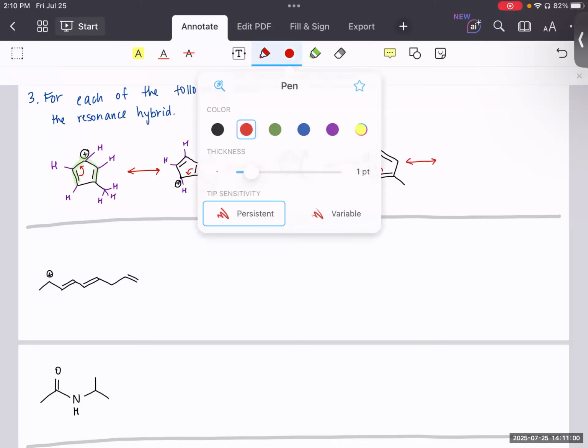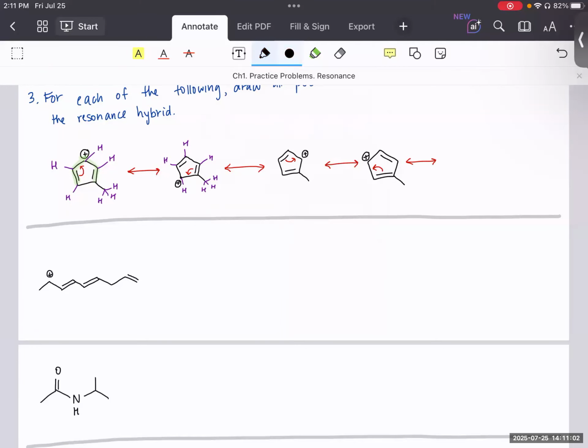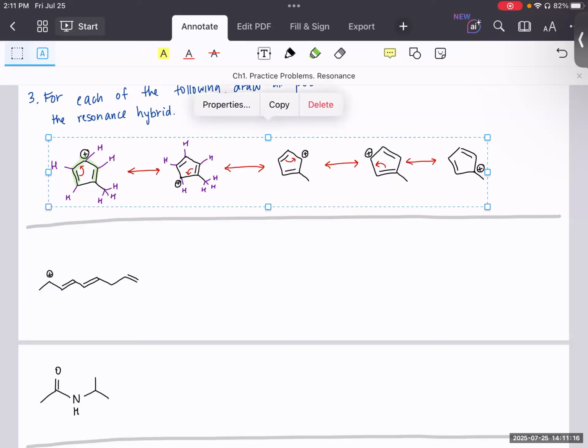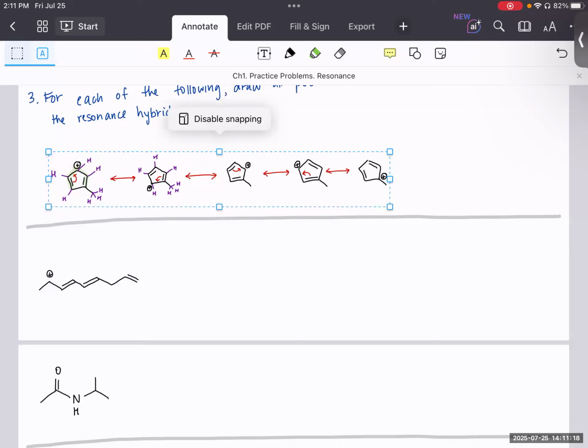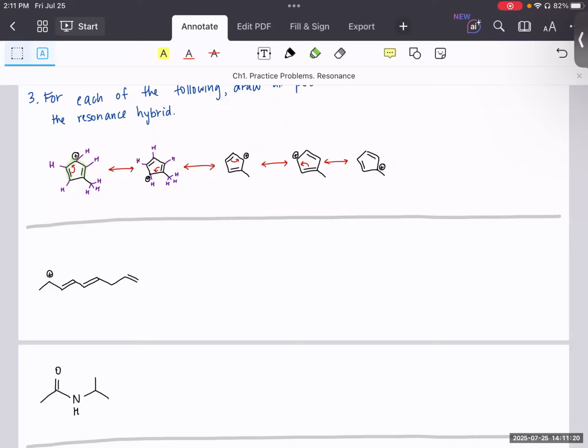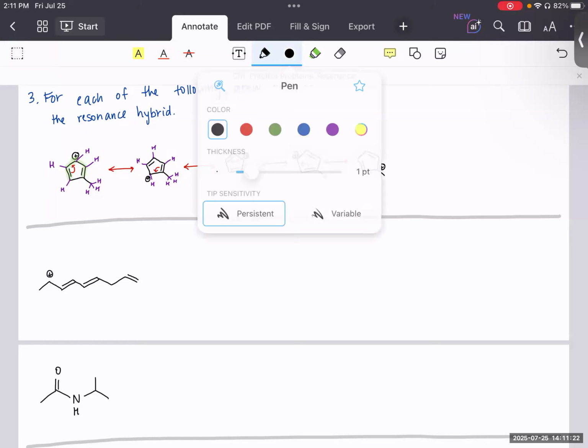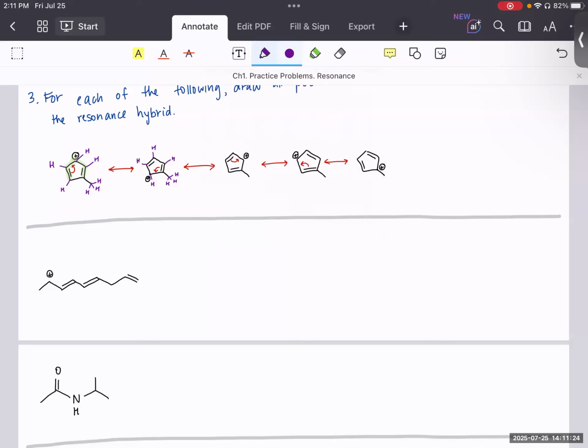We end up having this one right here, and a positive charge on that bottom carbon right there. And that should be all of them. I think it's pretty easy to accidentally do one less than you actually have. So just double check that in your answers you have all of these structures.